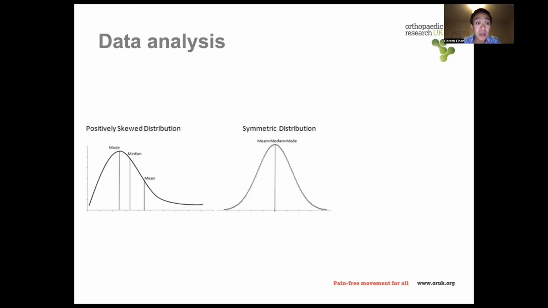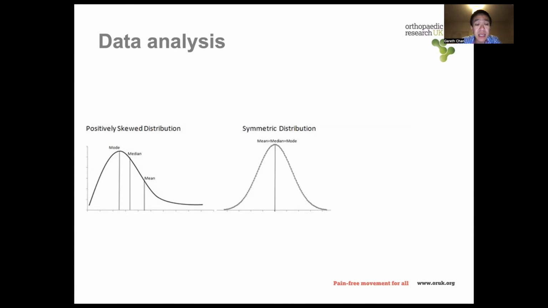Mode is going to be the peak of your crest, the most common measurement seen. Median is the 50th percentile digit, or the absolute middle digit, and the arithmetic mean is spread across.